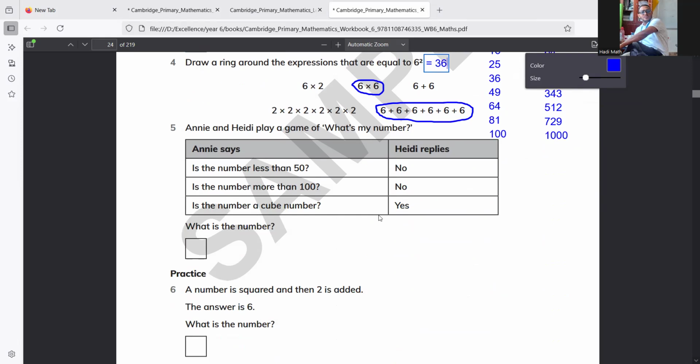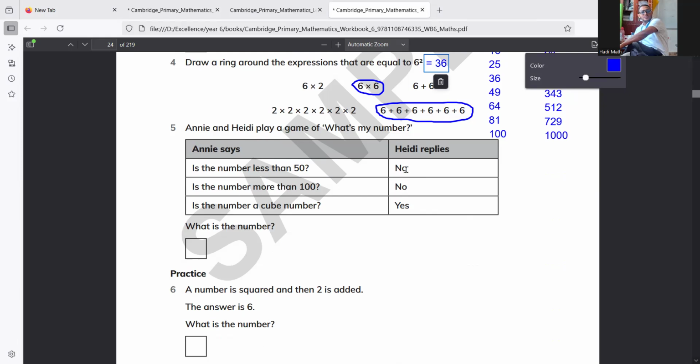Let's go to this question. Annie and Heidi play a game of what is my number. Is the number less than 50? She said no, so the number is more than 50. Is the number more than 100?